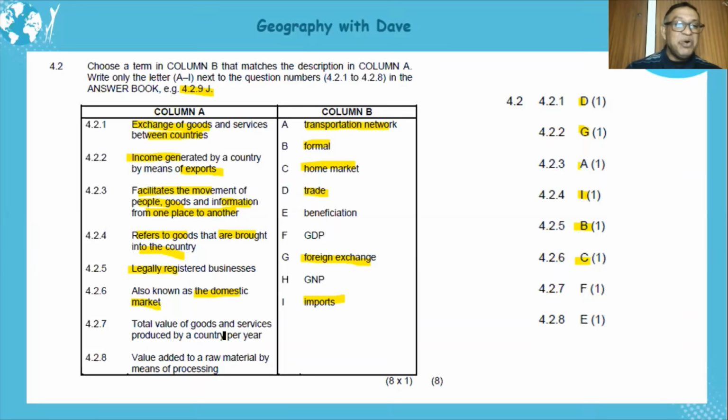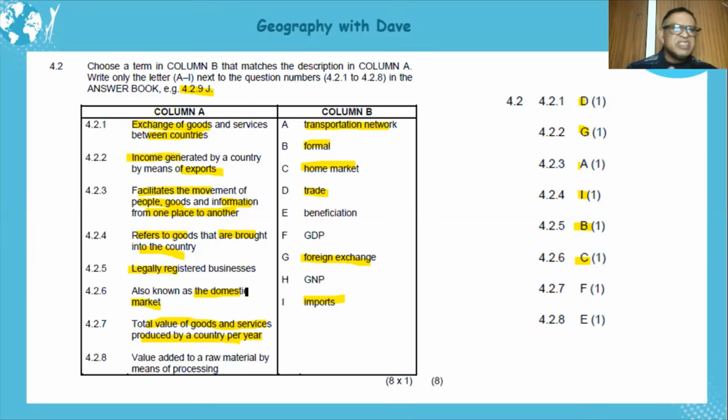Total values of goods and services produced by a country. You understand? By a country. For a year. It should be, I know it's a bit off, within the borders of a country by citizens and non-citizens. Okay, but it doesn't talk about it.